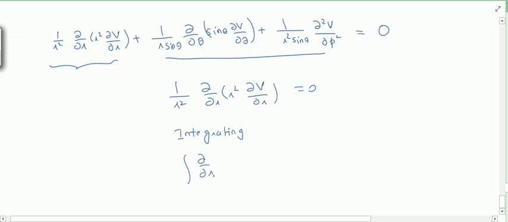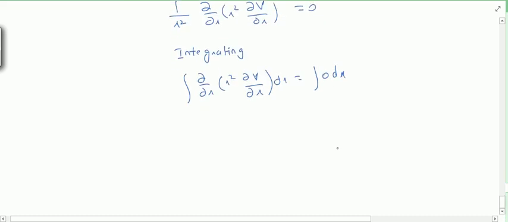Del by del r of r square del V by del r, with respect to r, integration of 0 dr. If you integrate this, the integration and differentiation will get cancelled, and the remaining thing will be r square del V by del r equals 0 plus some constant, A, right?